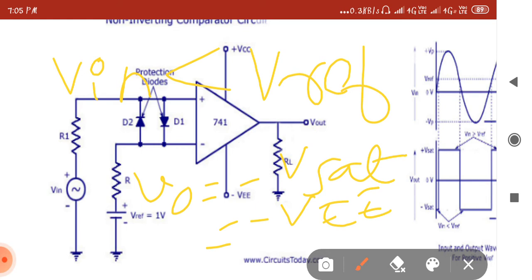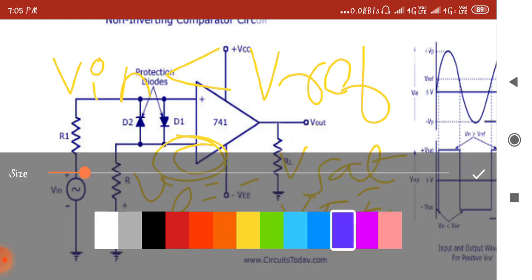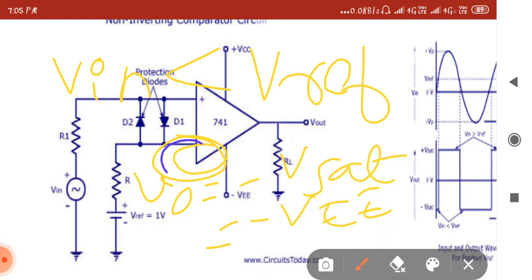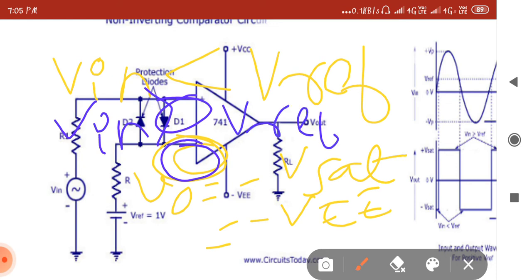The negative input is high, this voltage is high, and on the other hand this voltage is less. That is the case when Vin is greater than V reference.